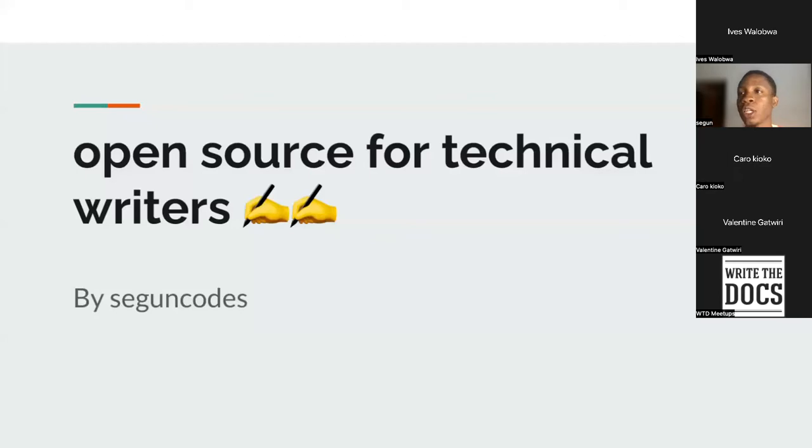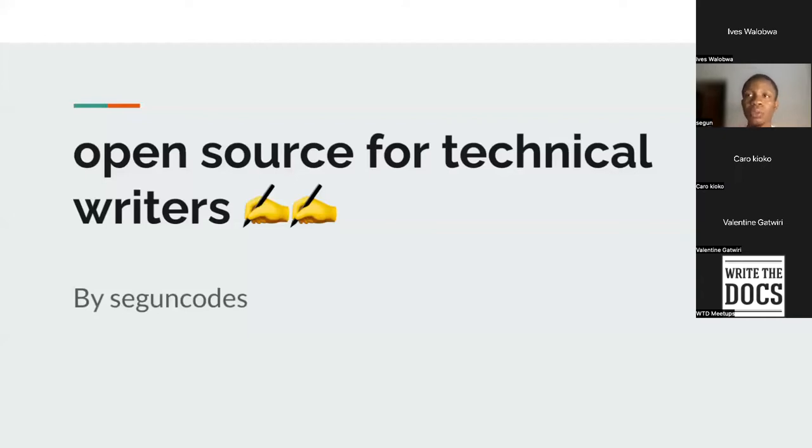Like you can see in this graph, the major issue developers face generally when contributing to open source is the lack of proper documentation. That means they don't know what the project is about. They don't have a detailed breakdown of what the project is about and how to contribute to it. So this is where technical writers come in.